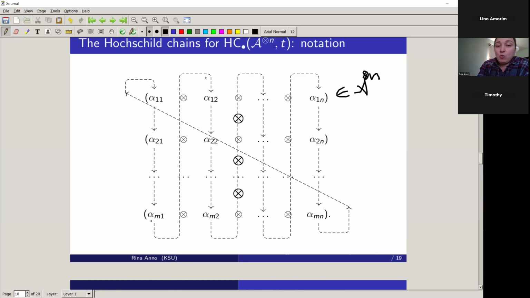So in fact, we have a big cycle of length mn and a chain of alpha_{ij} that are composable in the order determined by this big cycle. And whatever we do to the Hochschild complex, the alphas must stay in that order, because otherwise they just would not be composable.